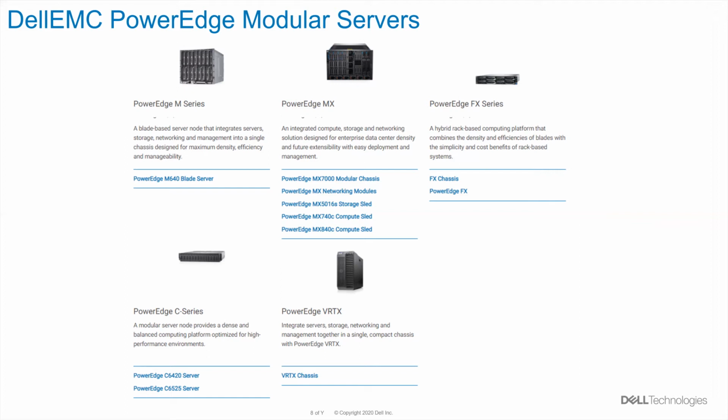And we also have other form factors which may help deploy applications in certain locations. The C series is a very well balanced, dense computing platform, optimized for high performance environments.